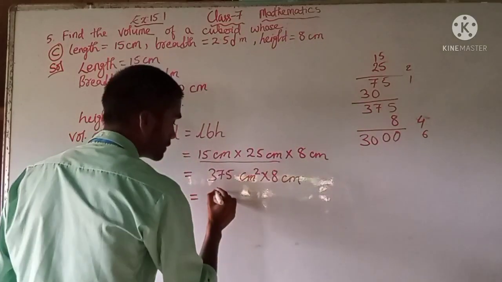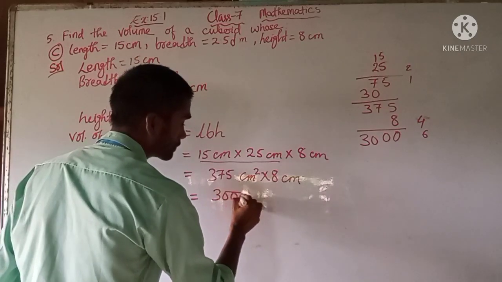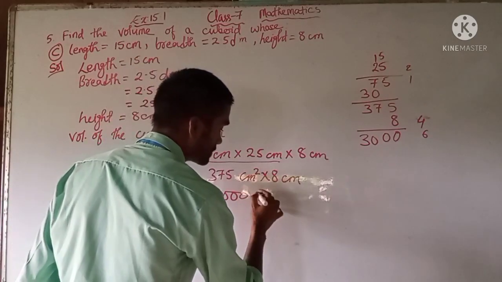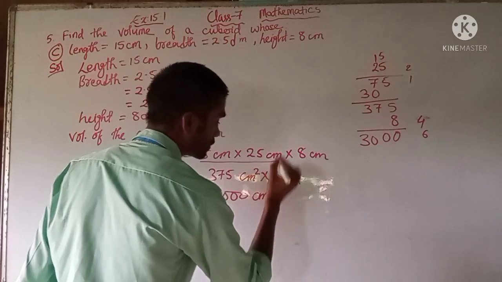So we got 3000 centimeter square into centimeter, centimeter cube.